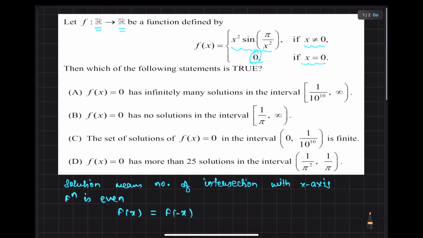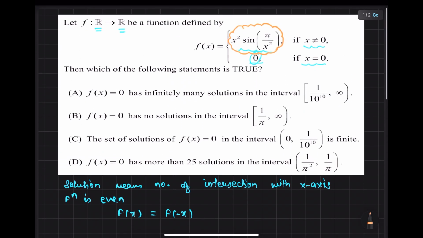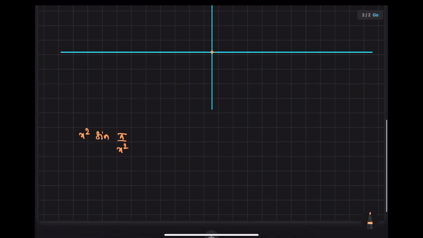Now be super slow. Suppose that I am talking about after 0. So after 0 we have to take this definition. So after x equals to 0, we want to find out the number of roots of x square sine pi by x square equals 0.